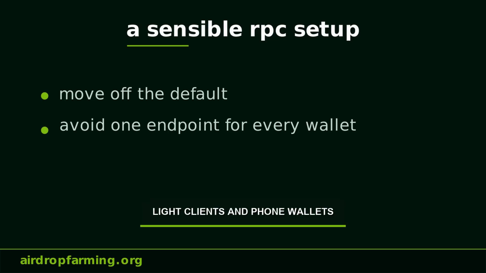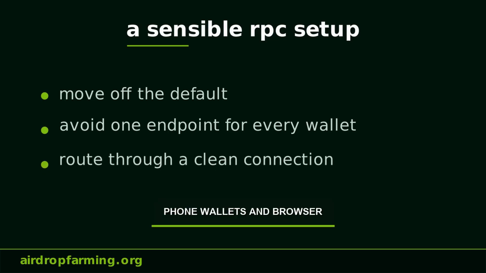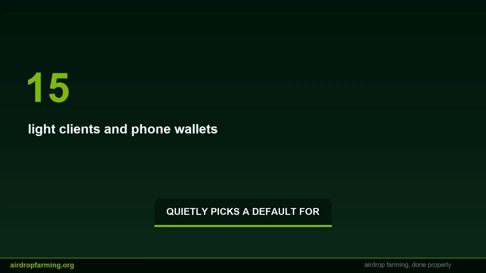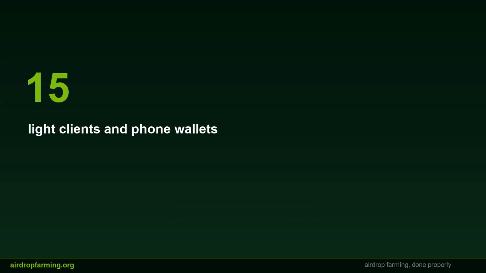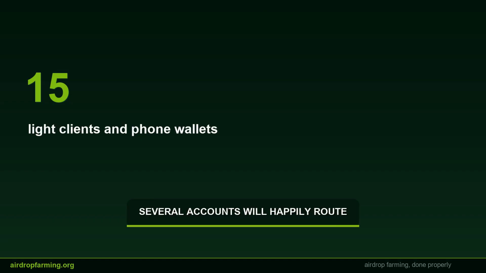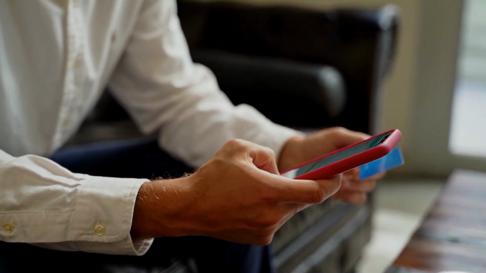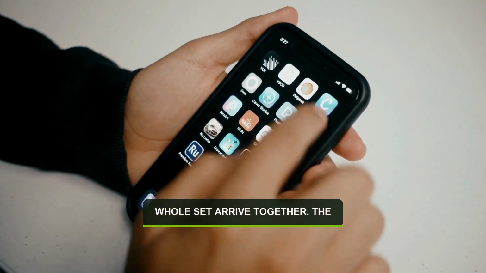Light clients and phone wallets. Phone wallets and browser extensions hide all of this behind a clean interface, which is convenient and also exactly the problem. The endpoint is buried in a settings menu most people never open, and the app quietly picks a default for you the first time it runs. On mobile especially, the same wallet app carrying several accounts will happily route every one of them through one built-in endpoint over your phone connection, so the provider sees the whole set arrive together.